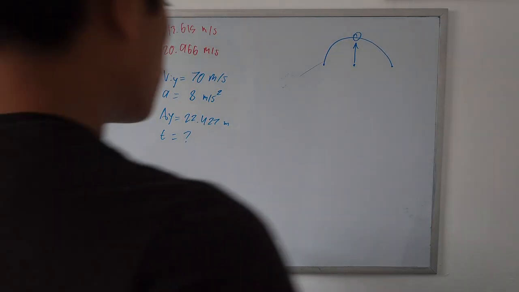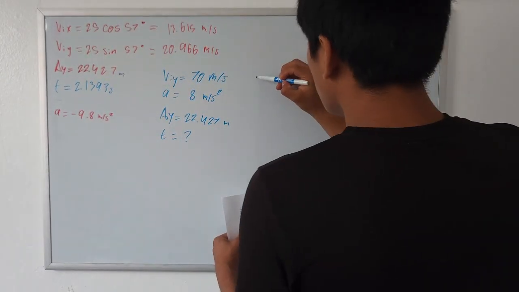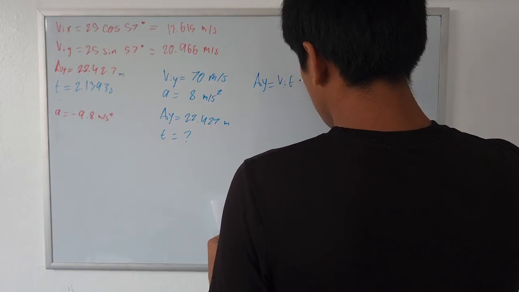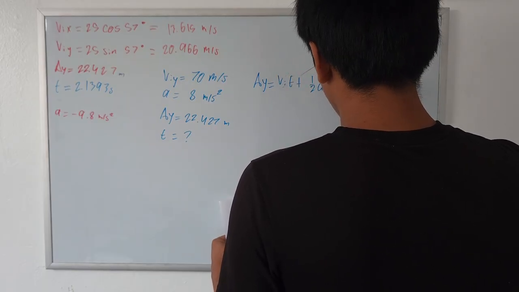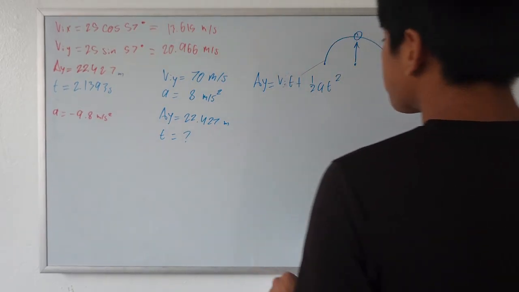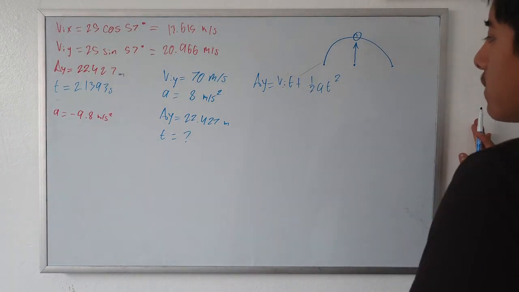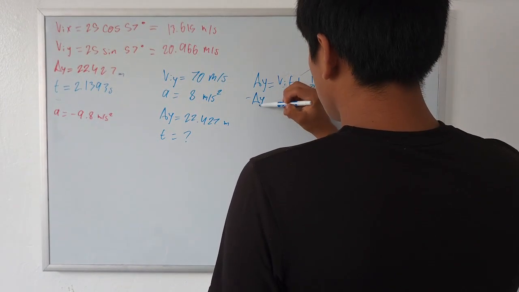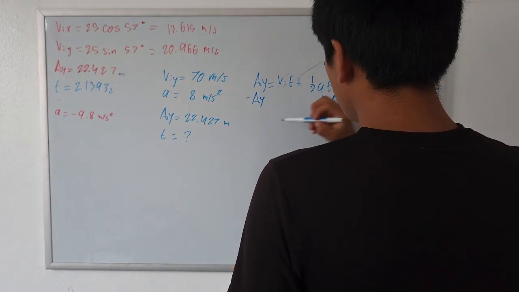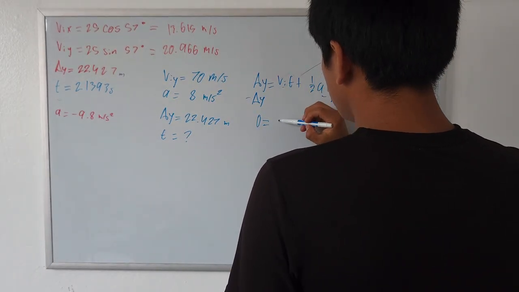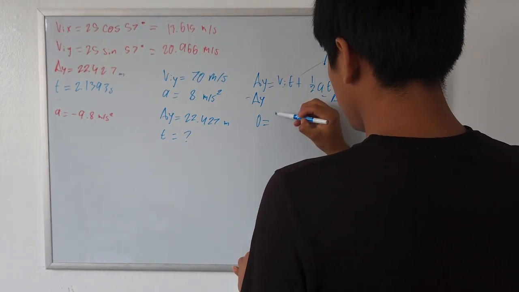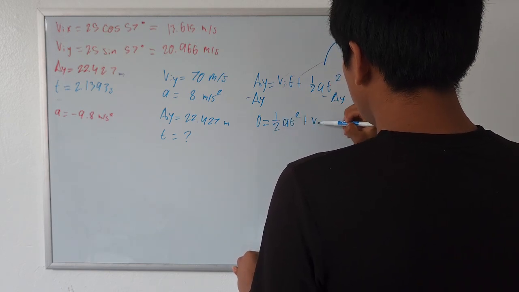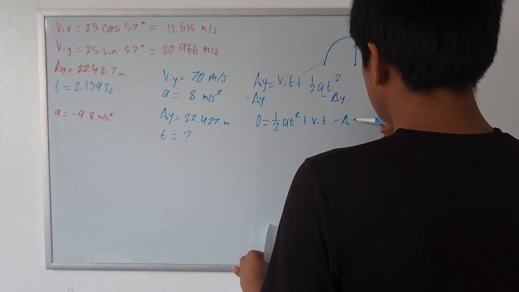And for this one, we're going to use the equation delta y equals velocity initial times time plus 1/2 a t squared, where this is going to be a quadratic equation since we're looking for time. So let's rearrange that. So minus delta y, and we have 0 equals, I'm just going to rearrange it to make it easier for me, 1/2 a t squared plus v_i t minus delta y.